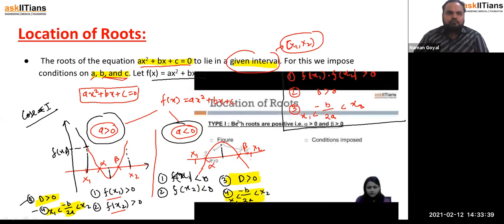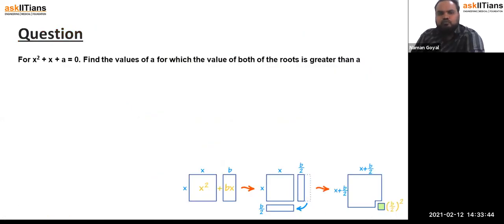Okay, fair enough. Now see, there is a question we have to do. For x square plus x plus a equals 0, find the value of a for which both the roots are greater than a. Now this question is from which type, which you saw in the video?